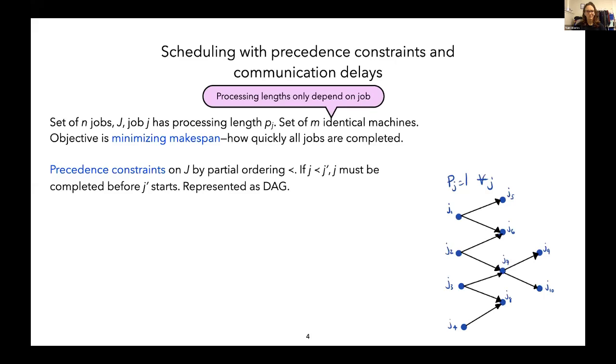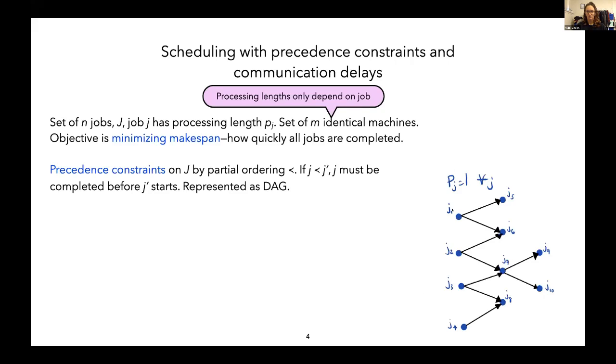With the inclusion of precedence constraints, we invoke a partial ordering on the job set J, where if j is less than j prime with respect to the partial order, then j must be completed before j prime can begin. So we represent this as a DAG, where the vertices are the set of jobs.